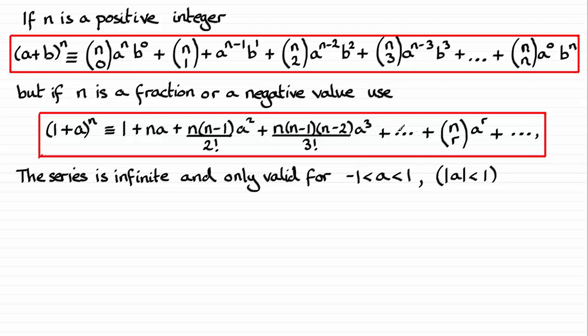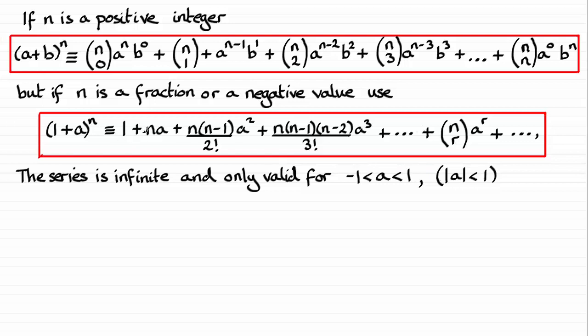If we had another term, it would be n times n minus 1 times n minus 2 times n minus 3 all over 4 factorial times a to the power 4. And this series goes on. It's infinite, never ending. And you'll notice it's only valid for values of a between minus 1 and 1. Or you could write it like this, using this notation: the mod of a is less than 1.